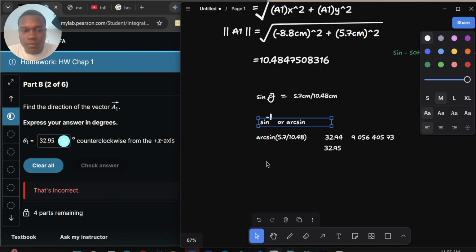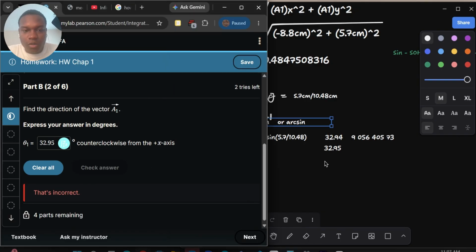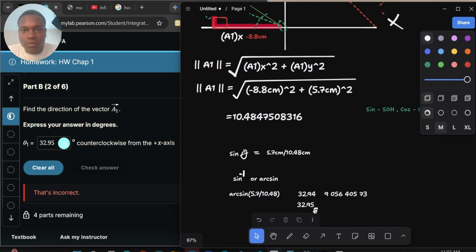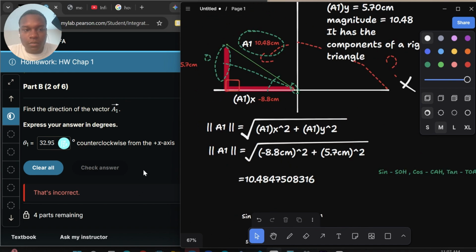No. Express your answer in degrees. I'm in degrees. Find the direction of the vector A1. Wait a minute.